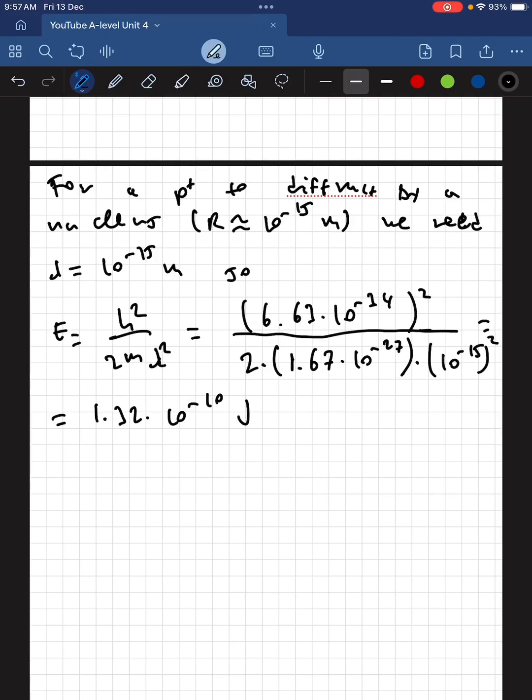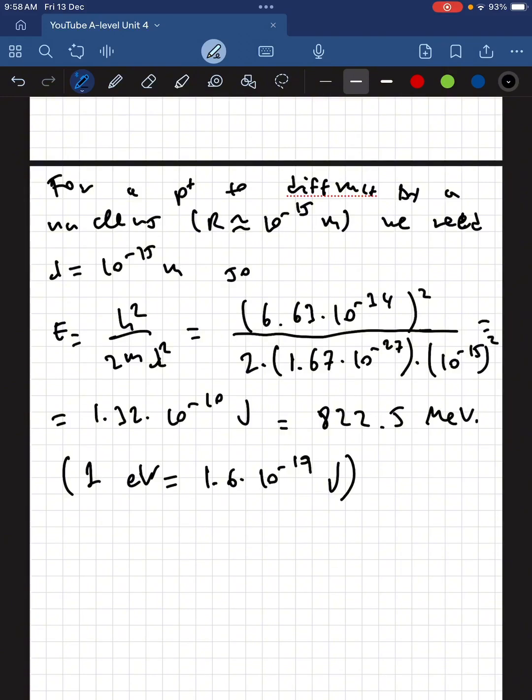That's not helping because when we work with subatomic particles, it's easier to work with electron volts. So if we convert this to electron volts, we will find 822.5 MeVs. Okay, and I remind you that 1 electron volt is 1.6 times 10 to the negative 19 joules.